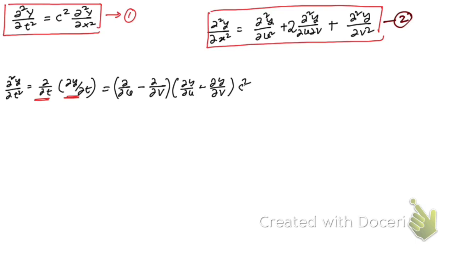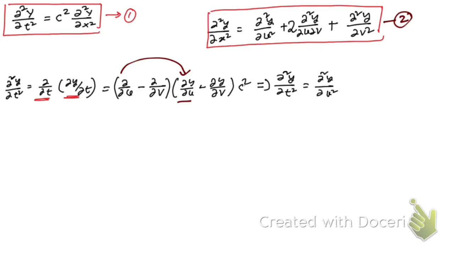So now let's operate this one by this. What we're going to have is del 2y by del t2, that's going to be equal to del 2y by del u2, right?